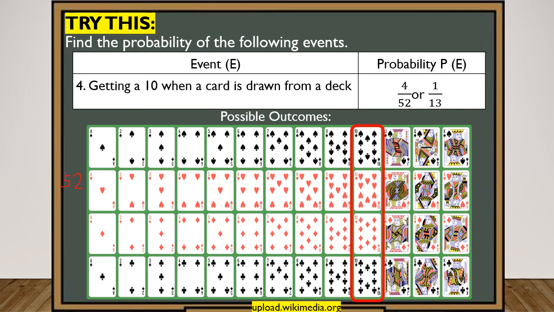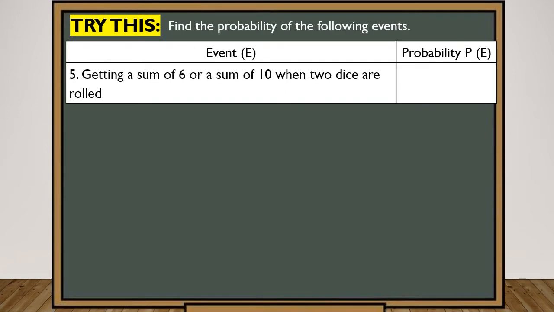Next is getting a sum of 6 or a sum of 10 when 2 dice are rolled. This is much harder. For example, what is the probability that you will get a sum of 6 or a sum of 10 when 2 dice are rolled?